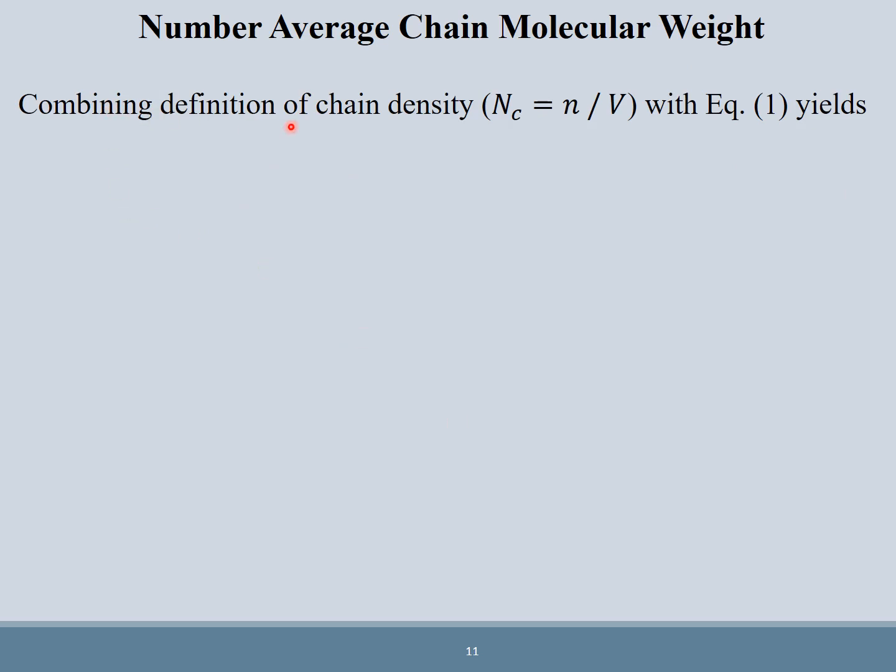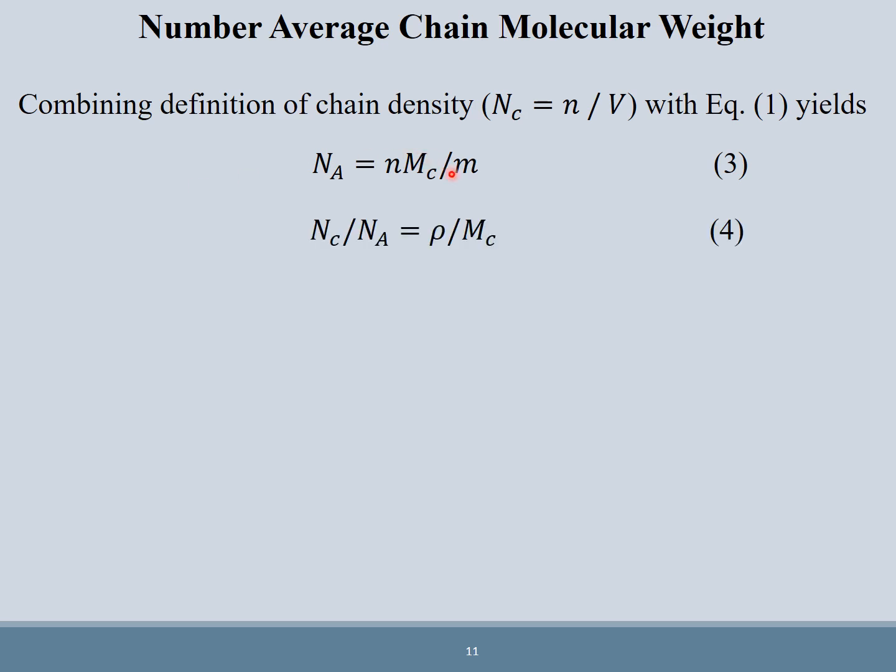Also, combining the definition of chain density, that is Nc is equal to the number of chains per unit volume, with equation 1 yields the following. Na is equal to n Mc upon m, as we derived in the previous slide.